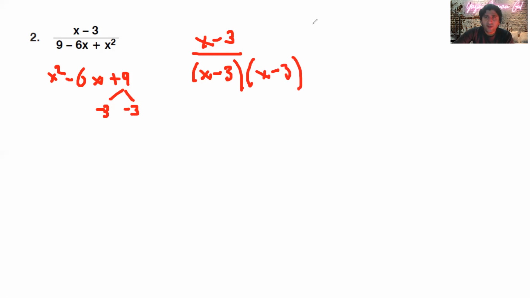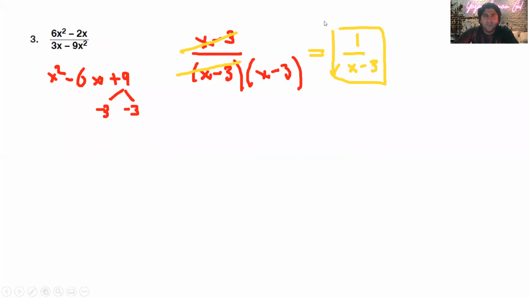So once I do this, as you can see, x minus 3, x minus 3, x minus 3. So then one of these at the bottom will cancel with the one on the top. Then on the top I will have 1 left. At the bottom I will have x minus 3. So the answer is going to be 1 over x minus 3.